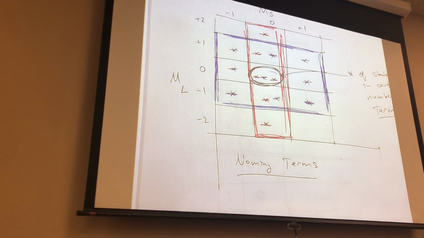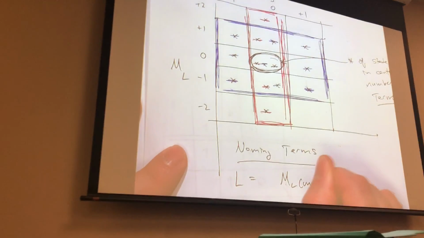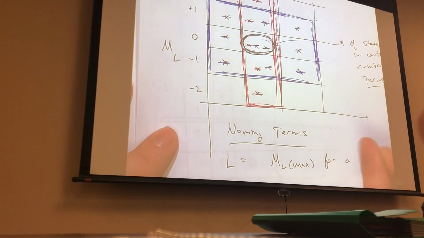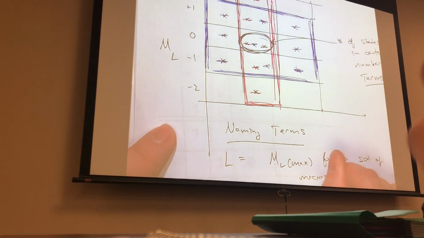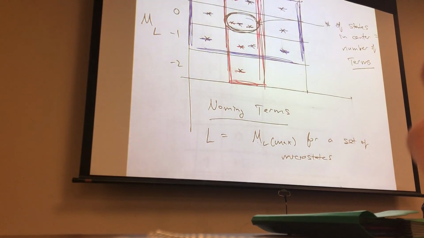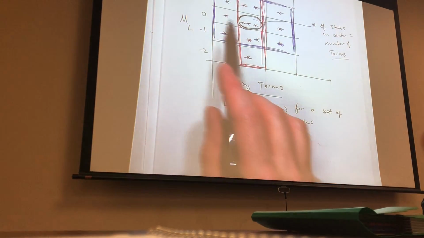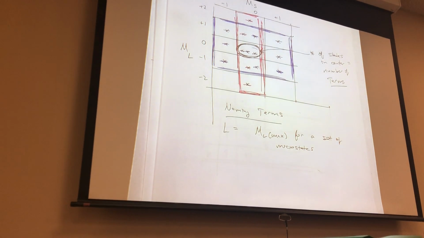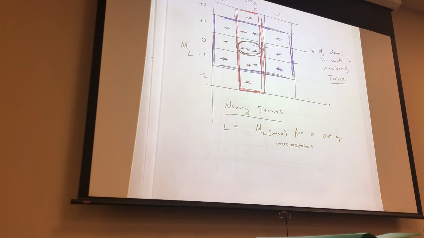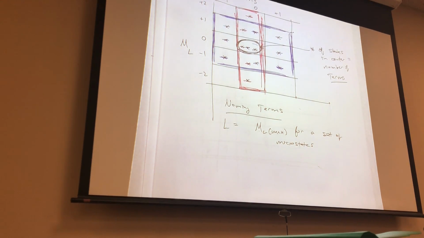Let's write that down. Capital L equals M sub L max for a set of microstates as we just boxed them off. Now, M sub S, our spin state, ranged from -1/2 to +1/2 for a single electron.